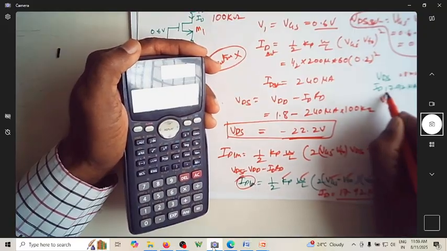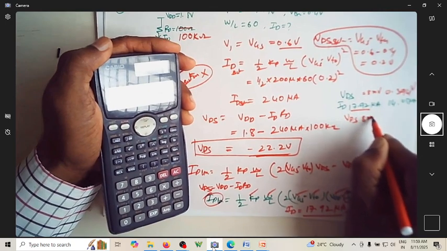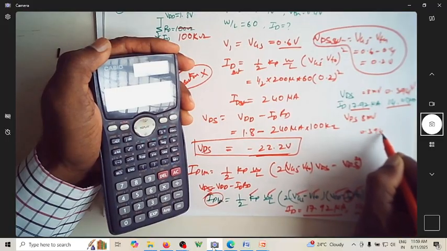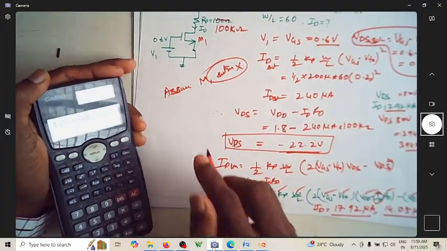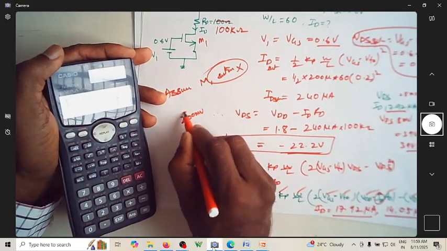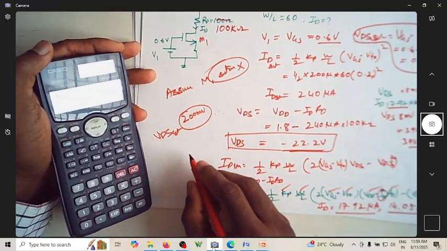So now you have VDS with this as the current coming out to be 8 millivolt. With this as the current, it is coming out to be 0.394 volt, that is 394 millivolt. How much is VDS sat? VDS sat is actually 200 millivolt. So this is VDS sat.